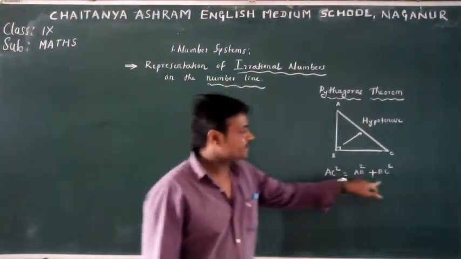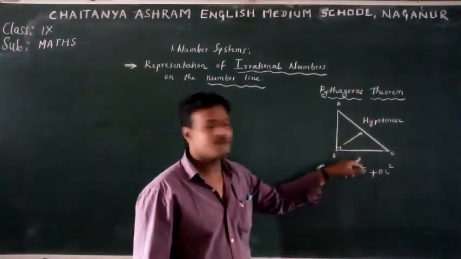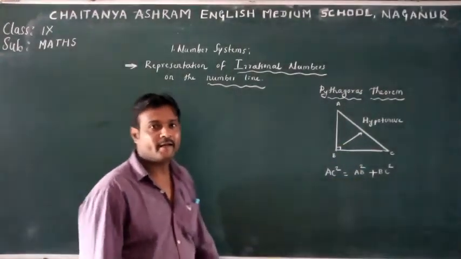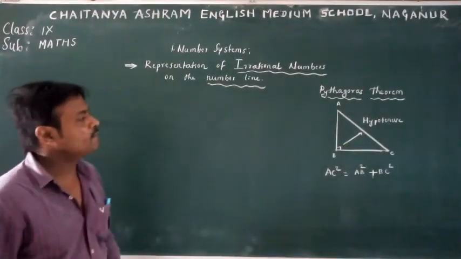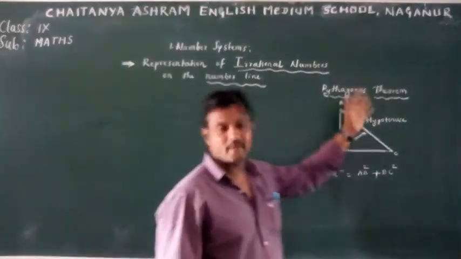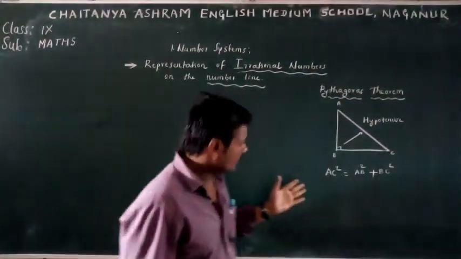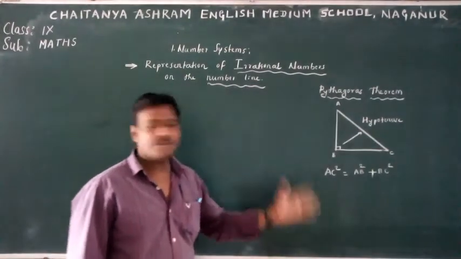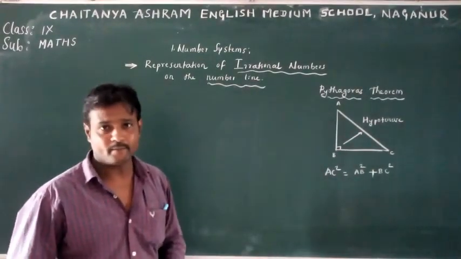Like this, the three sides of a right triangle are related. This concept was introduced by the great mathematician Pythagoras. That is why this statement is called Pythagoras theorem.